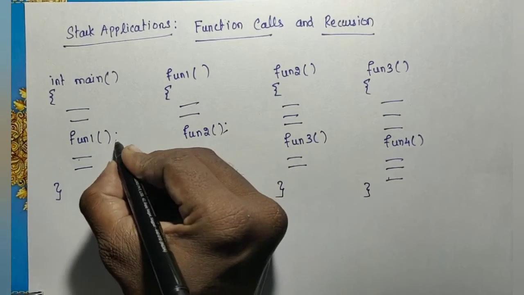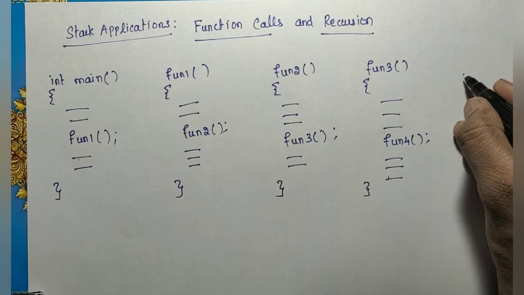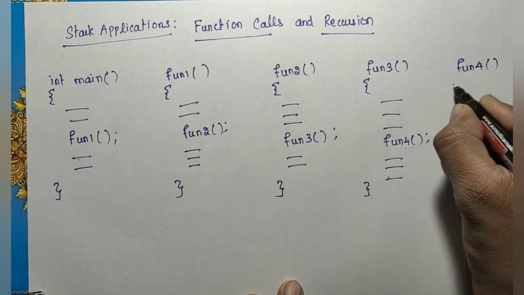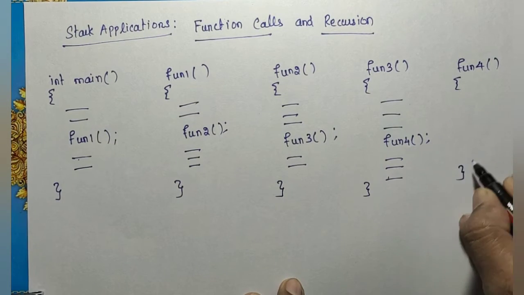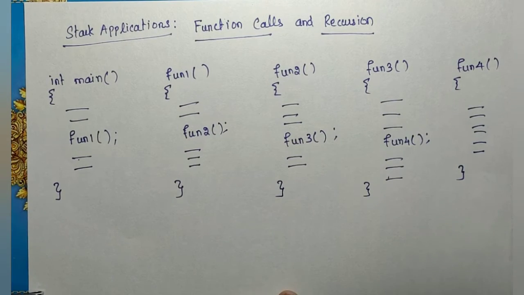So here this is a sample code. Consider this in a C program. Function 4 is not going to call any functions further. It is just going to execute that code.